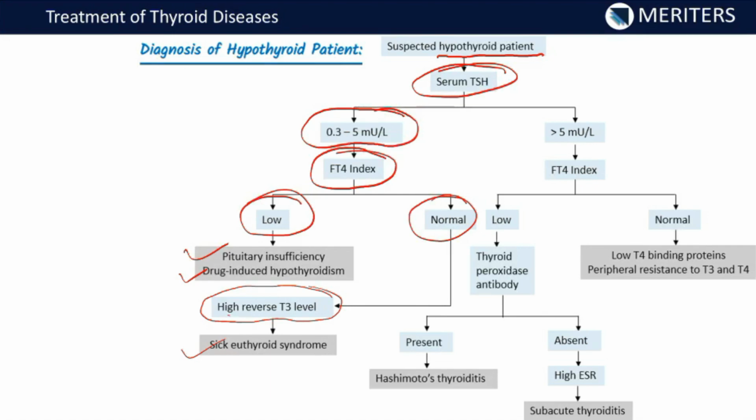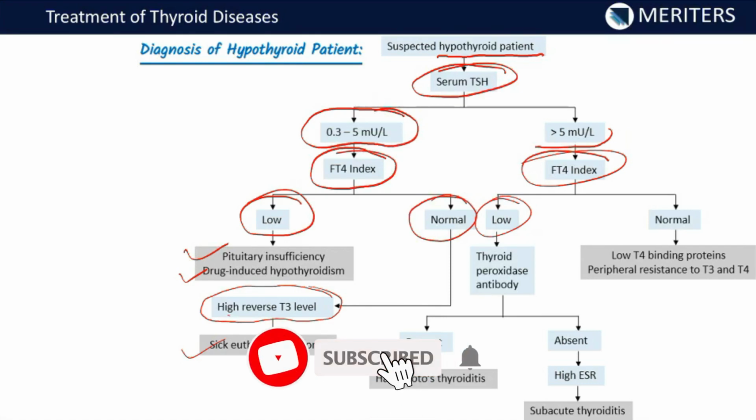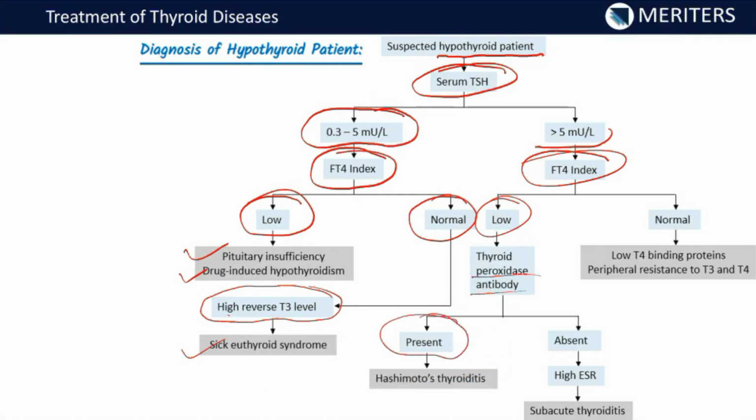Now, if the value is more than 5, then free T4 indexing is done. If it is low, then we go for thyroid peroxidase antibody testing. If it comes out to be positive, then it's a case of Hashimoto's thyroiditis, and if it is absent, then the ESR estimation is done.